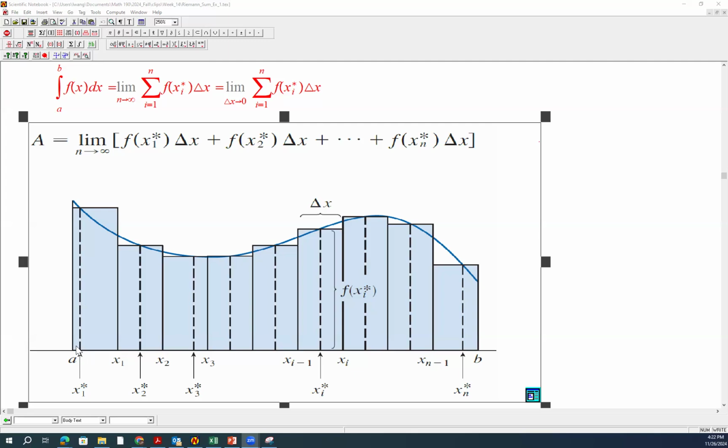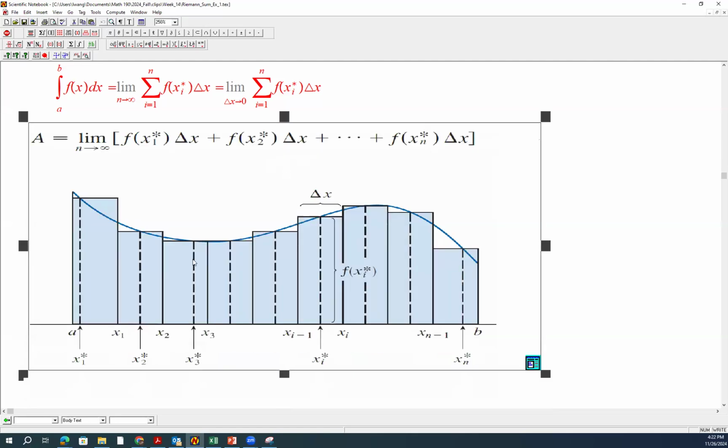On the first interval, you choose x1 star. You can choose it arbitrarily. I want you to have this physical image in your mind so you have a better understanding. X2 star looks like the middle point, but x3 star is not a middle point. Xi star looks like maybe or maybe not a middle point, but it doesn't matter how we choose the star.